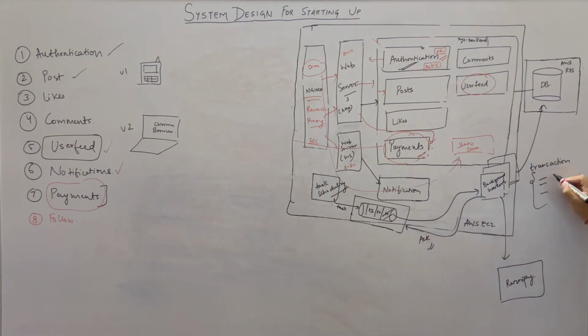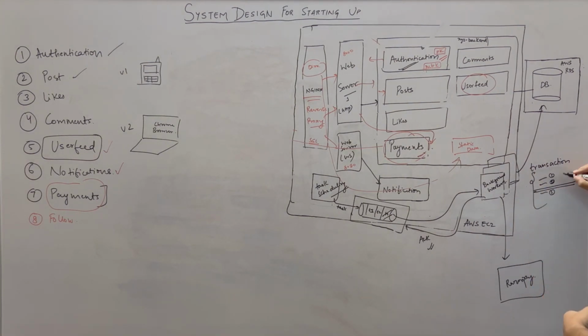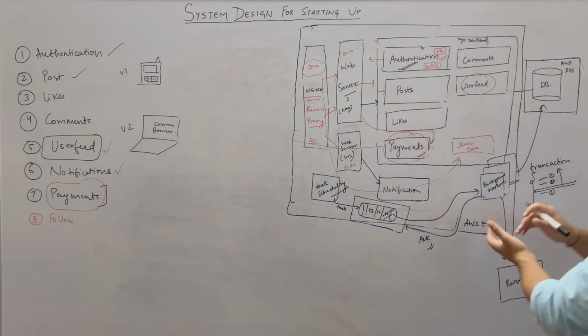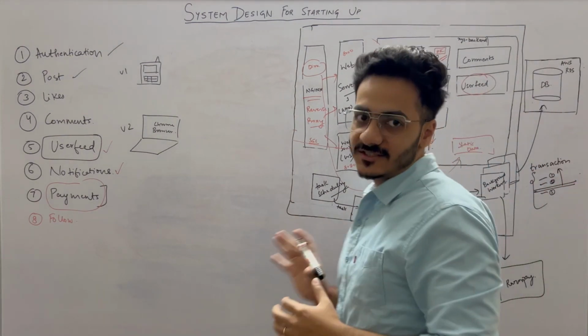Suppose the first and second execute successfully, and before the third operation is executed, the server fails; these two operations will roll back to the original state. Basically this is called atomicity. So this is the role of transactions.